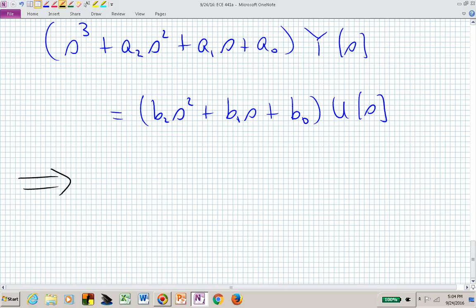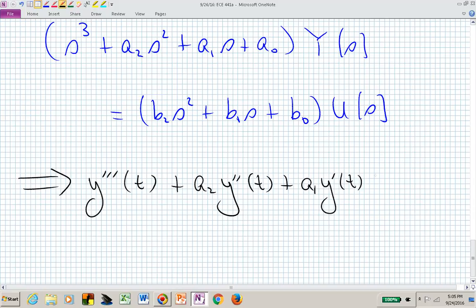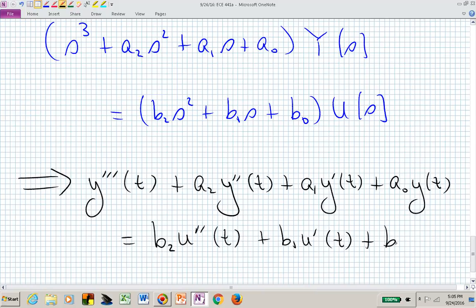If we now have s cubed operating on Y, we have the third derivative of the output variable with respect to time, plus a sub 2 y double prime of t plus a1 y prime of t plus a sub 0 y of t, and that's equal to b sub 2 u double prime of t plus b1 u prime of t plus b sub 0 u of t.